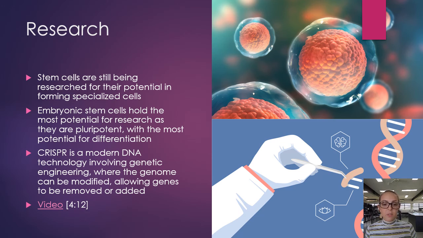So there's so much potential with it, but where do we draw the line? Are people going to start selecting for genes that are just more desirable? Are they going to remove genes because they just don't like that? There's a lot of issues around that. So in your tasks that I'll get you to do, you're going to have a little bit of a look at this a bit more.